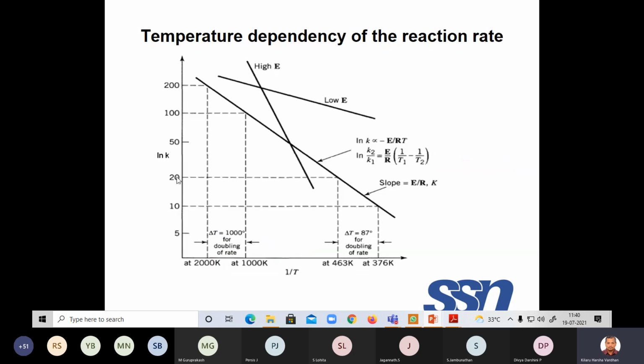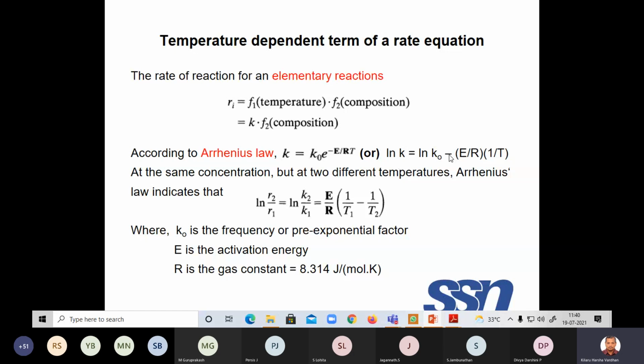That is what we did here: ln K versus 1 by T. You are getting a negative slope. This minus E by R is nothing but the slope of the equation, which is in the form y is equal to mx plus c, where m is the slope and c is the intercept.